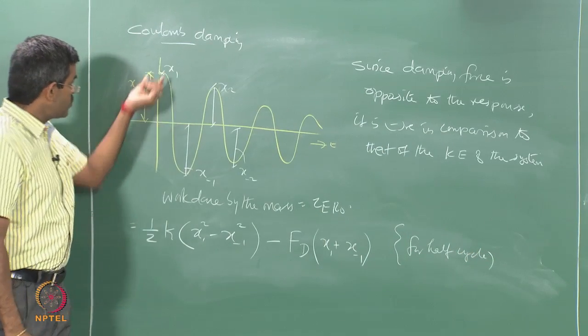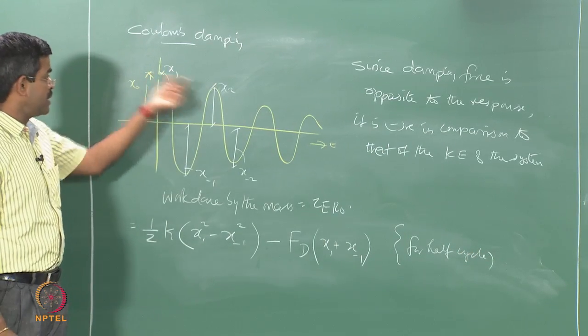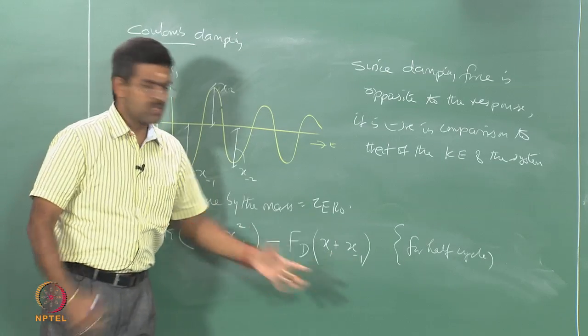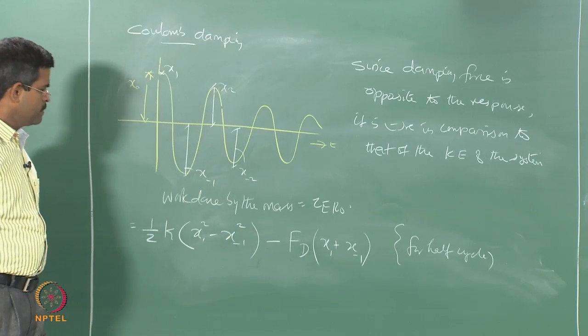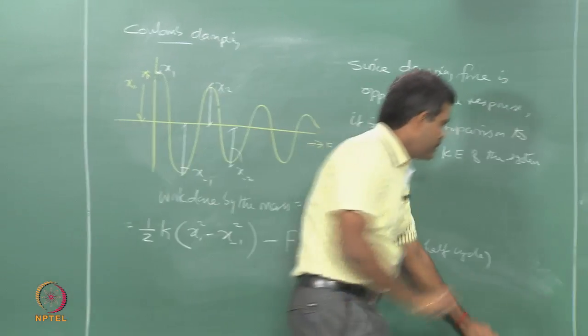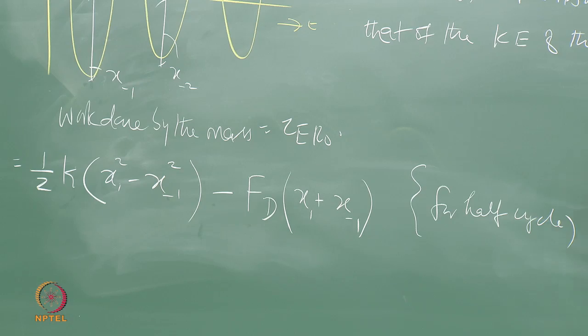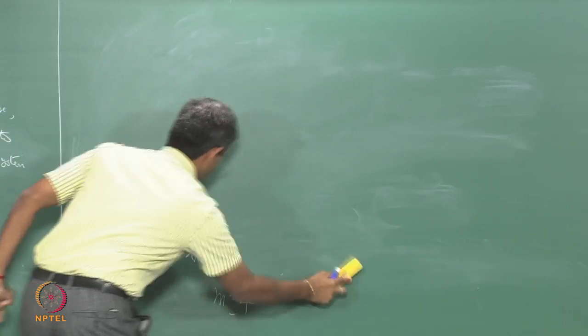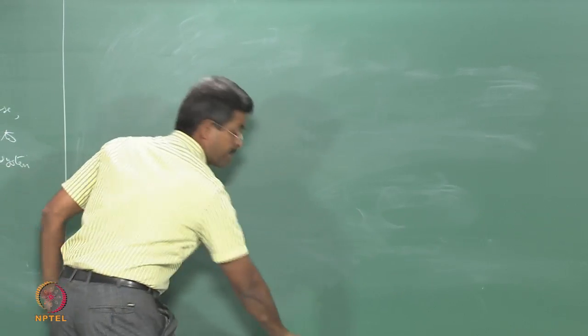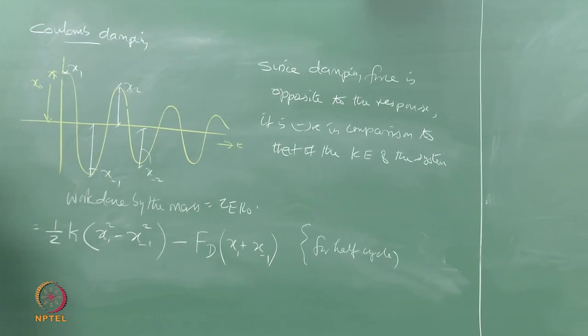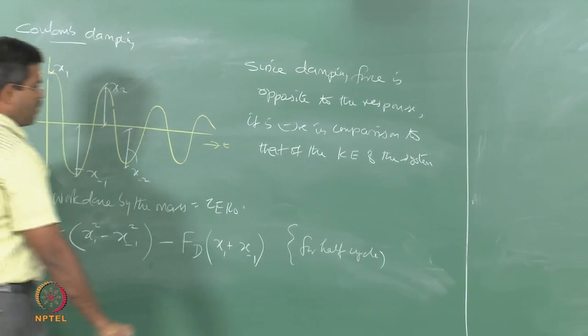I am using only x1 and x minus 1. I am not using x1 and x2. So, it is half cycle, which will of course be set to 0.